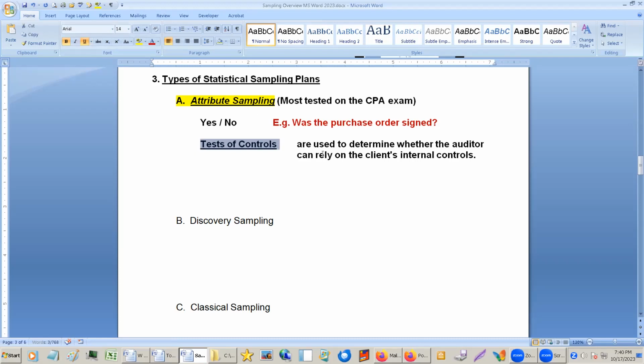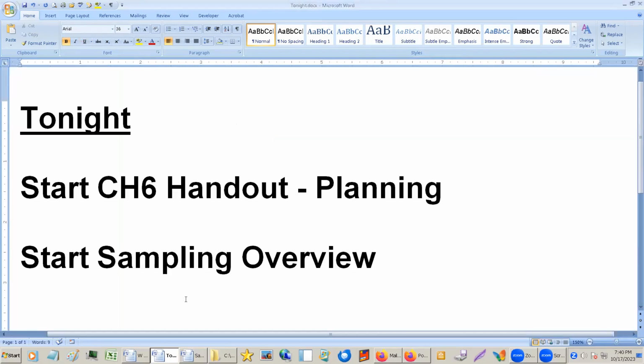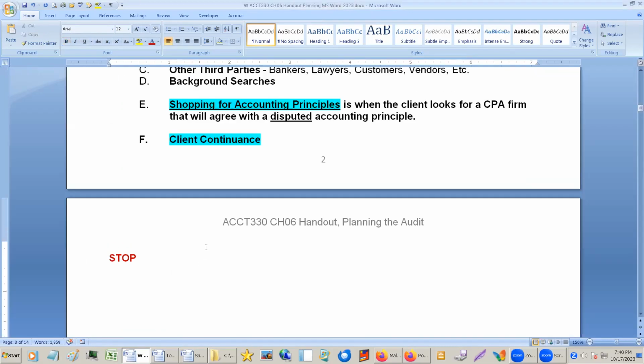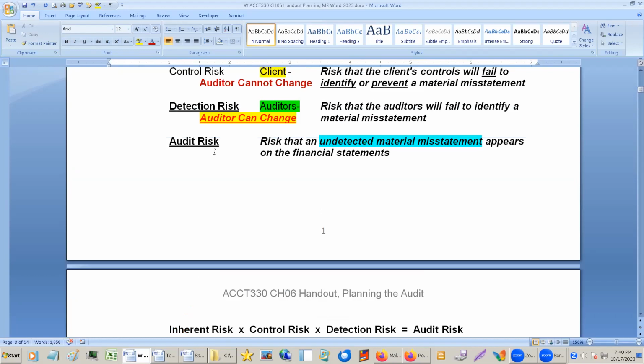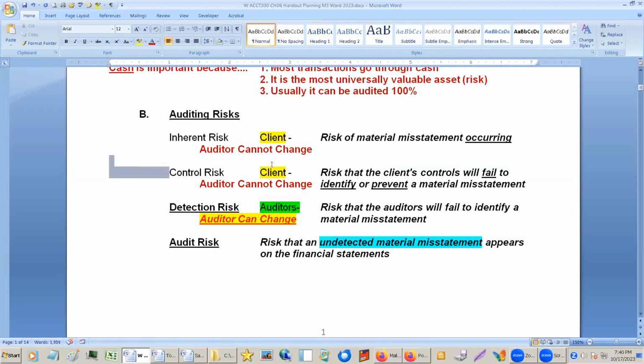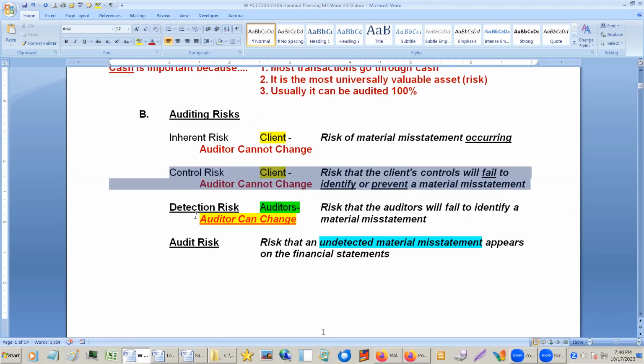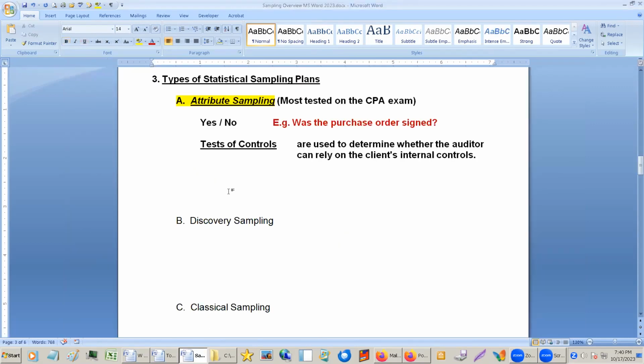By the way, this ties into this up here, this control risk. This is what they're talking about. We use test the controls, the Chapter 6 handout, the control risk. We want to know if we can rely on these controls. We're going to assess them, and we're going to assess them by doing these attribute sampling.